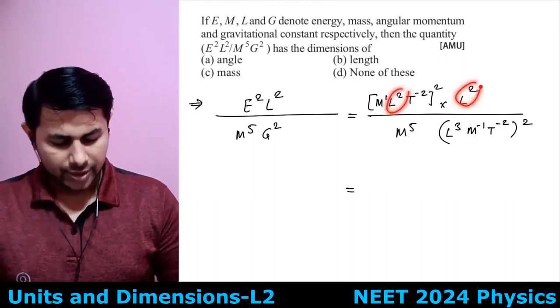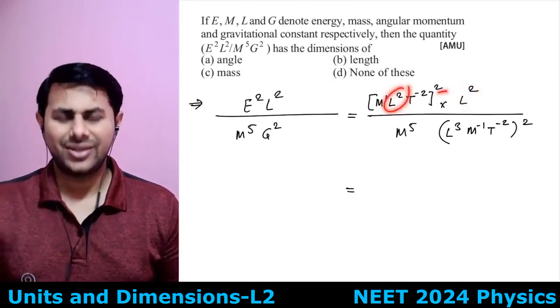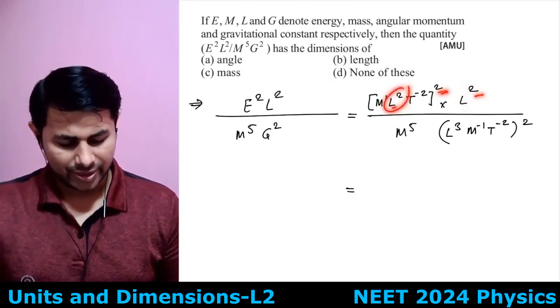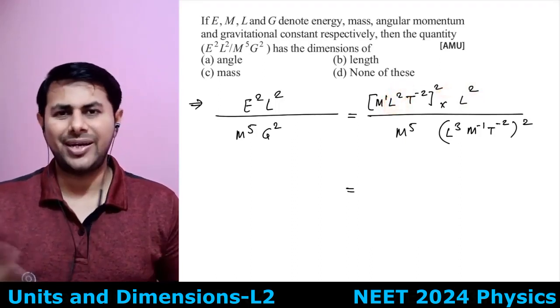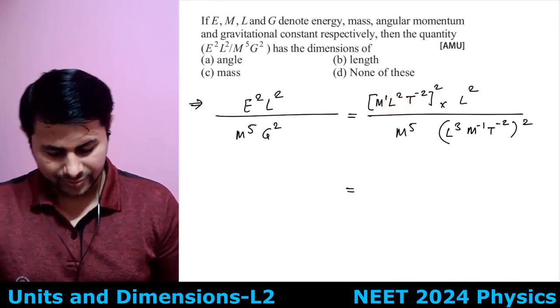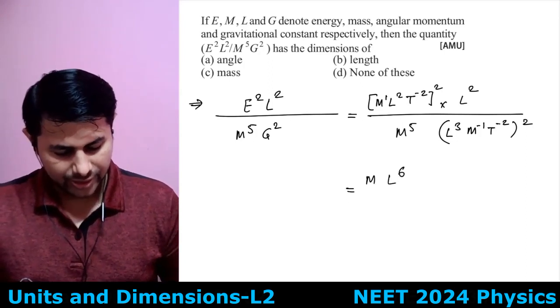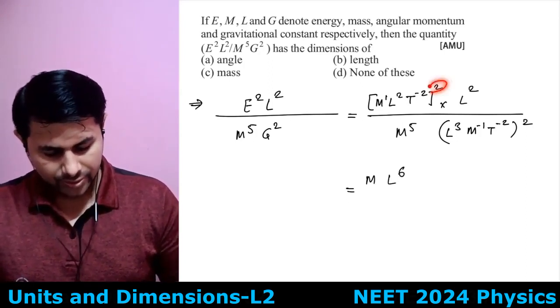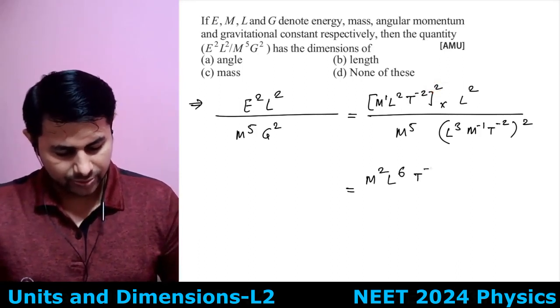So L2 square is L to the power 4, multiplied by L raised to 2. So it is 4 plus 2, L raised to 6. So L raised to 6, we have M raised to how much? M raised to 2 and T raised to minus 4.